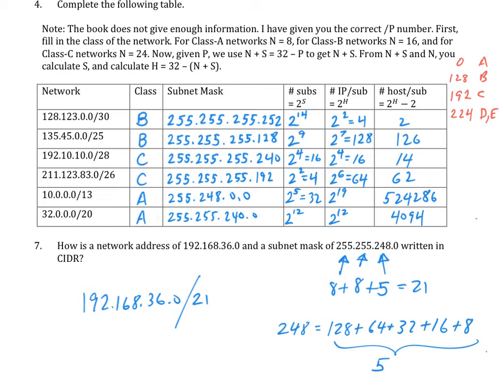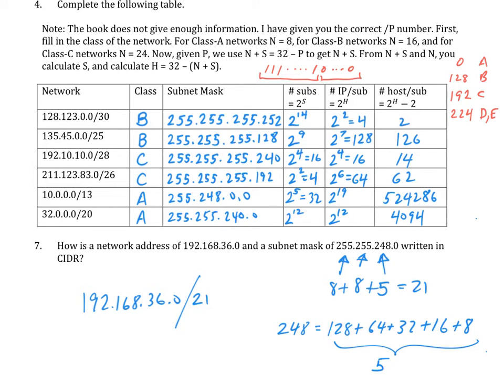But when you go to a slash 30, these slash numbers include both the network and the subnet bits. Okay, so if you have a subnet mask, it always starts with a whole bunch of ones, and then it ends with a whole bunch of zeros.